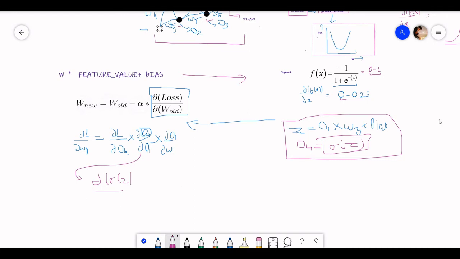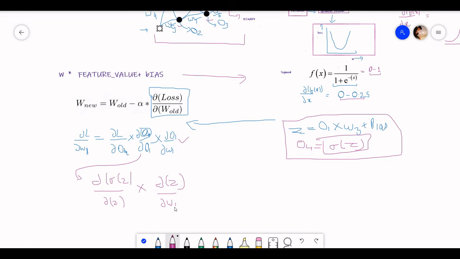It is nothing but our Z. Now we have this value, and it will be multiplied by the derivative of Z upon the derivative of W1.